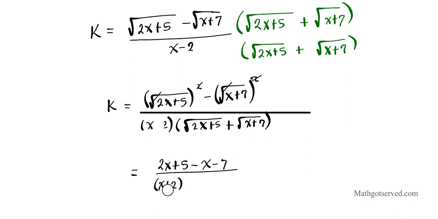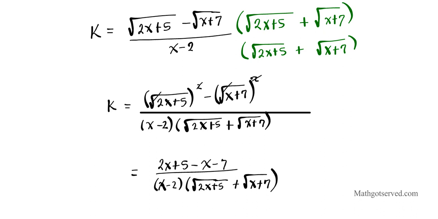Hopefully this x minus 2 that we have over here cancels out. So we leave this the way it is: x minus 2 times the square root of 2x plus 5 plus the square root of x plus 7.